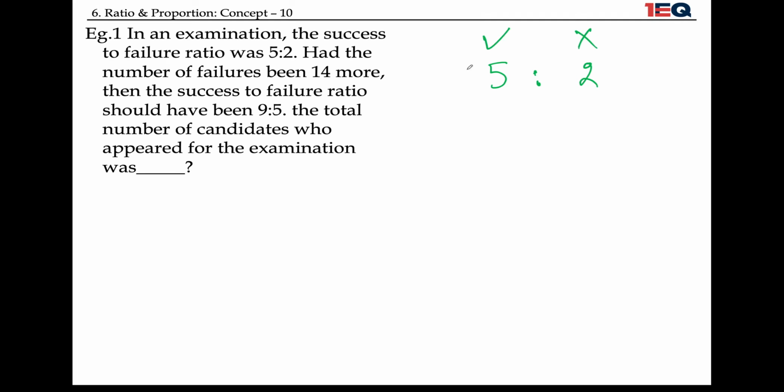Add the number of failures, 14 more. Then the success to failure ratio should have been 9 is to 5. This is the first situation and this is the second situation.